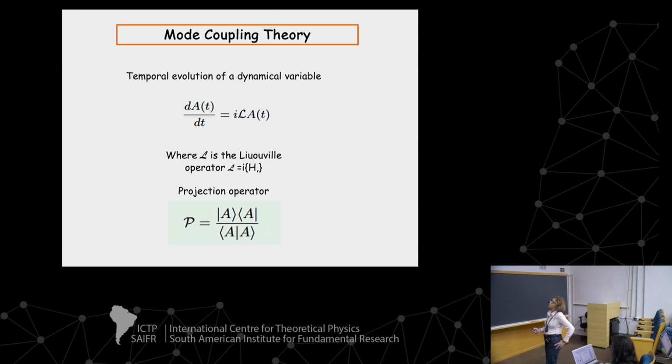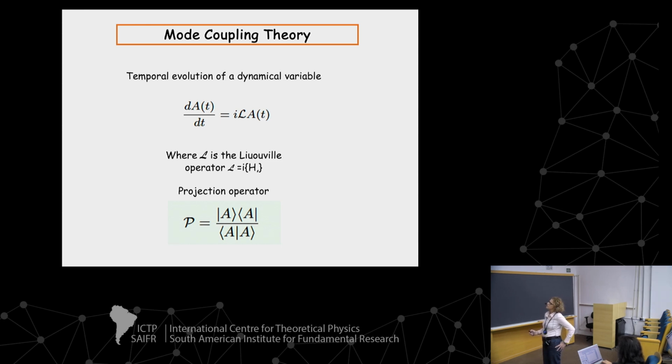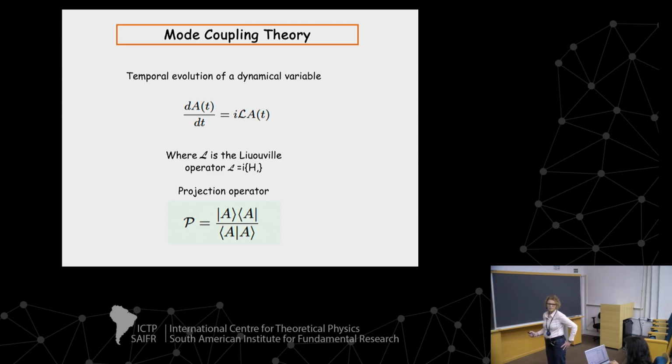Okay, so let's now look at the typical temporal evolution of a dynamical variable. This is a formal equation, where L is the Liouville operator, okay? Where H is the Hamiltonian, and these are the Poisson parentheses, okay?